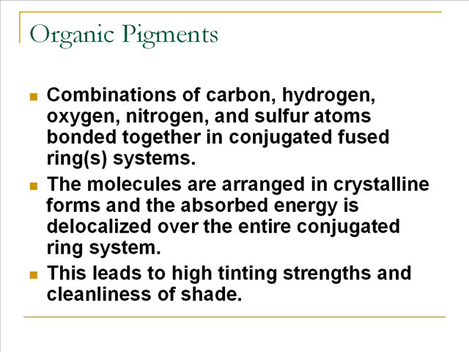Molecules are arranged in crystalline forms, and the absorbed energy is delocalized over the entire conjugated ring system. This leads to high tinting strengths and cleanliness of shade. If you want a nice, bright pigment, you'll need to use an organic pigment. Usually they're much stronger tinting strength, more chromatic colorants, and clean colors.